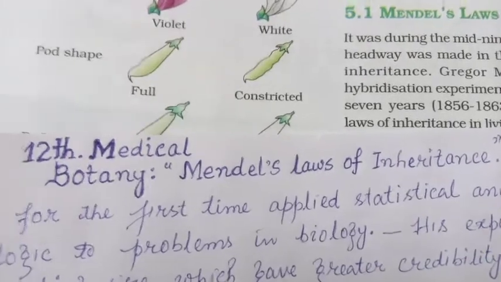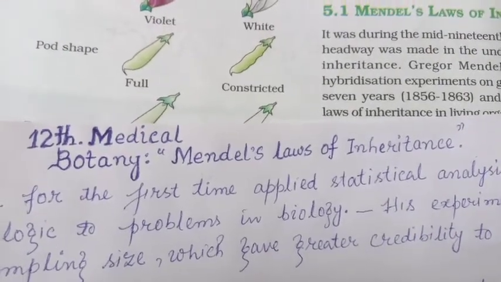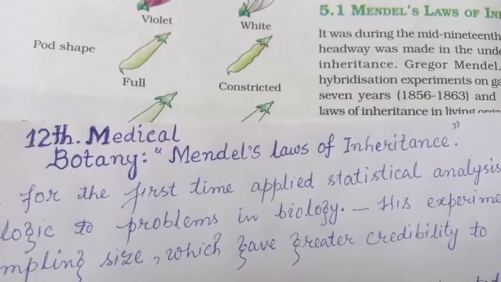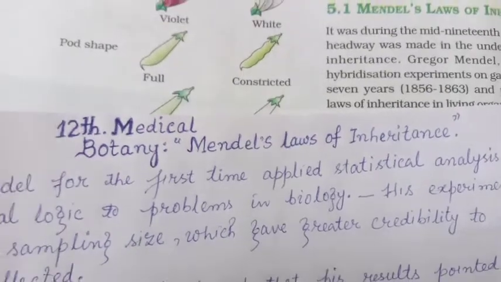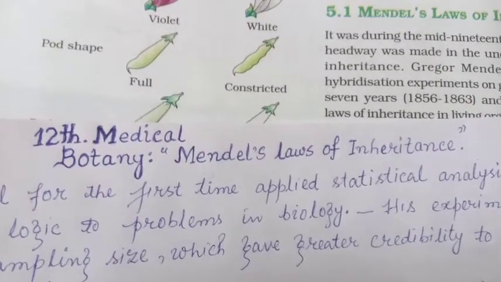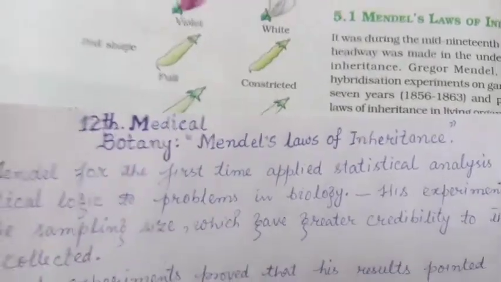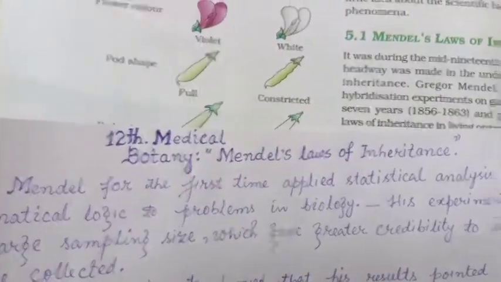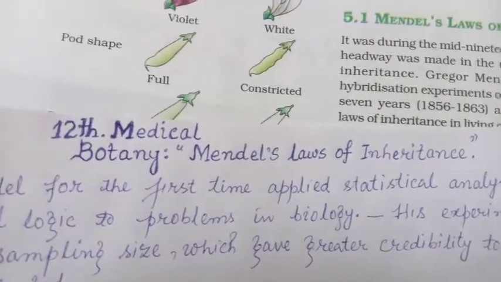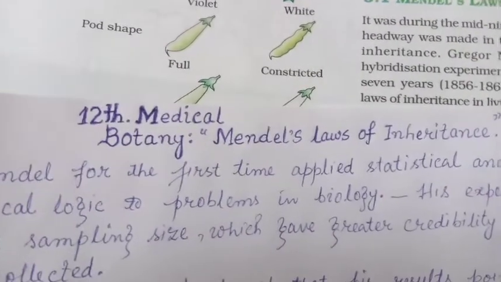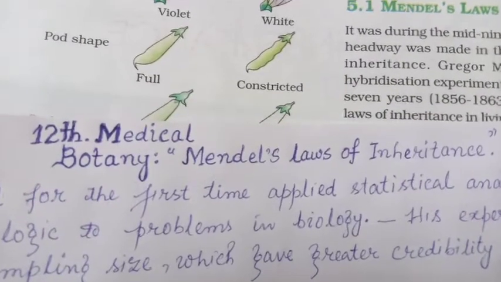You must be remembering that it was way back in 1856 to 1863 when Gregor Mendel conducted his experiments and propounded the generalizations which are still accepted in the science of genetics. And Mendel is truly considered to be the father of genetics.